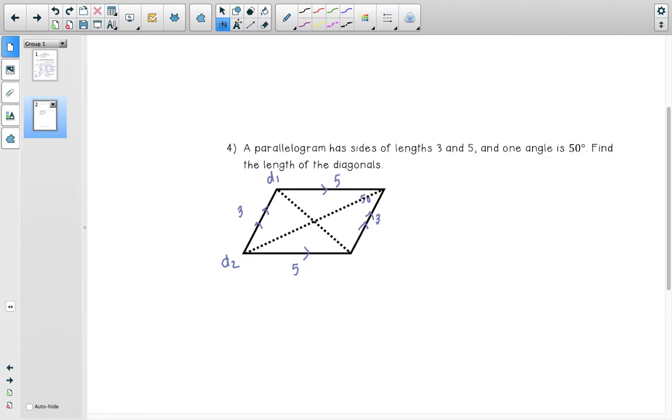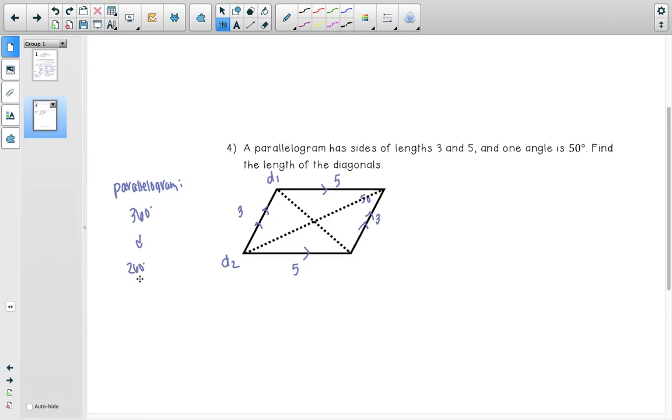I'm going to use the highlighter tool to work this through. We have to figure out what these other angles are. If this angle's 50 and this angle's 50, a parallelogram or a square or a rectangle is 360 degrees. So if we take 360 minus 100, and I'm saying 100 because you have the 50 for both those angles, that gives you 260 degrees.